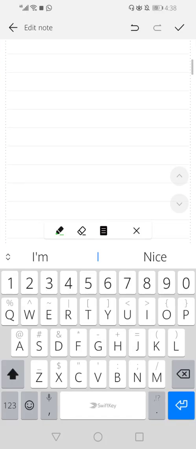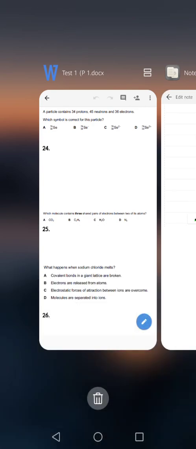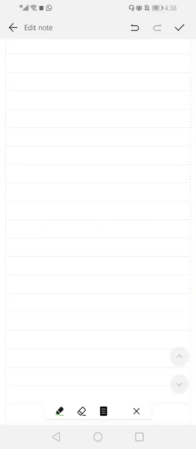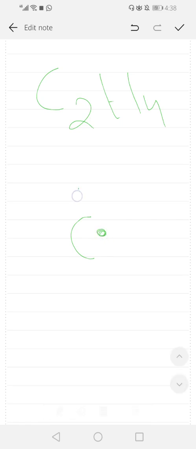In the case of methane, in the case of C2H4, when you draw the structure of this compound, carbon has, as you all know, 4 electrons in the outermost shell.